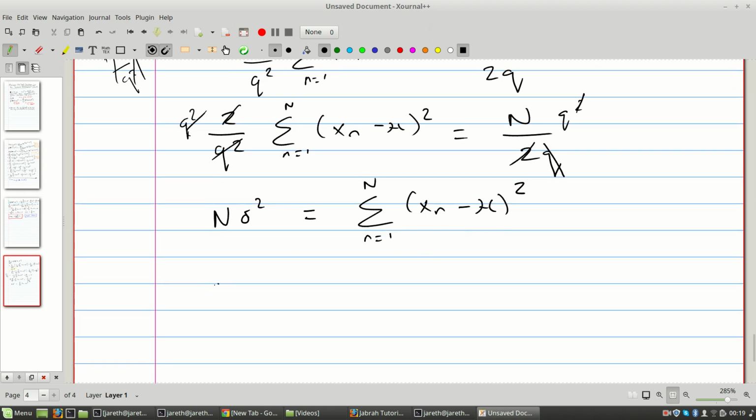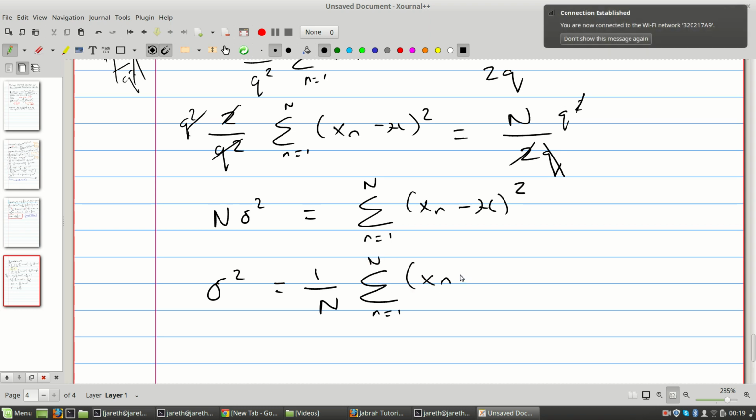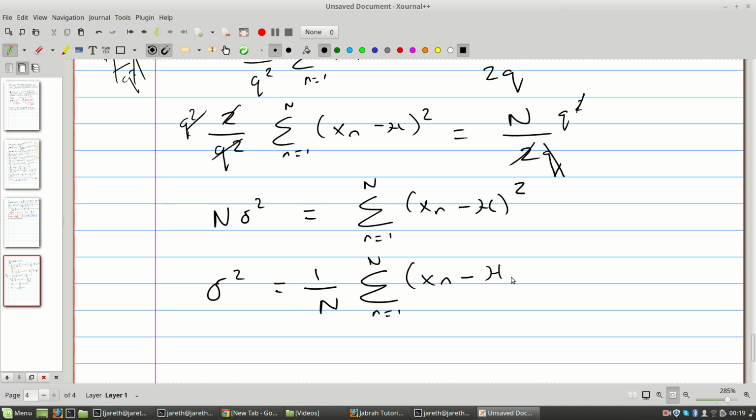And then sigma squared equals 1 over N times the summation from n equals 1 up to N of (xn minus mu_ML) squared. So this is the mu from the maximum likelihood estimate, essentially. This is what we got.